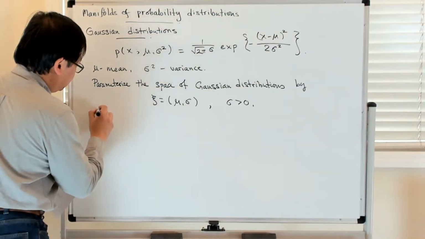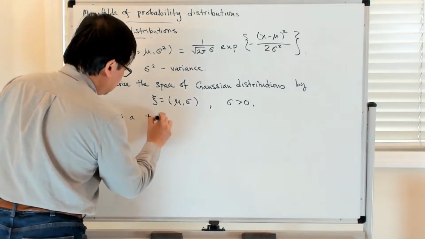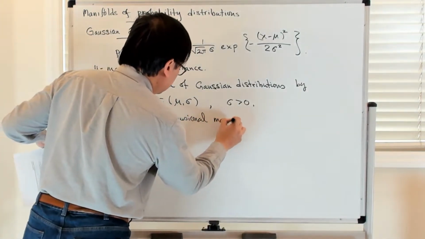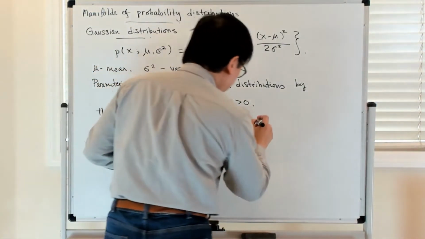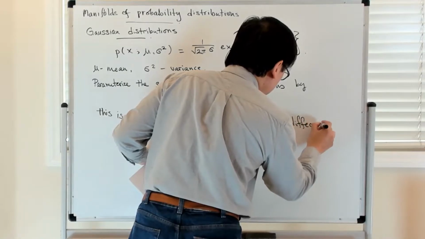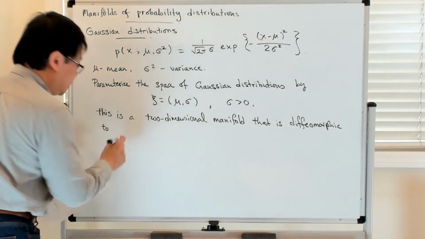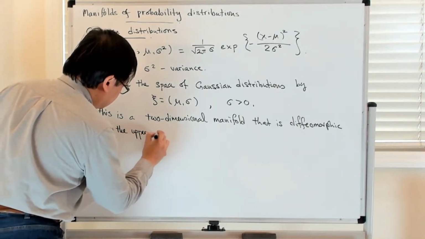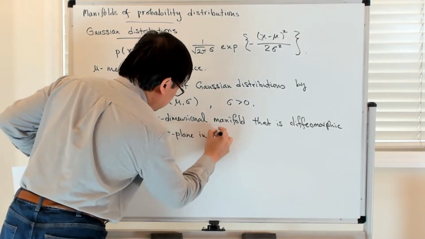Right, so this is a two-dimensional manifold that is diffeomorphic to the upper half plane, say in R2.